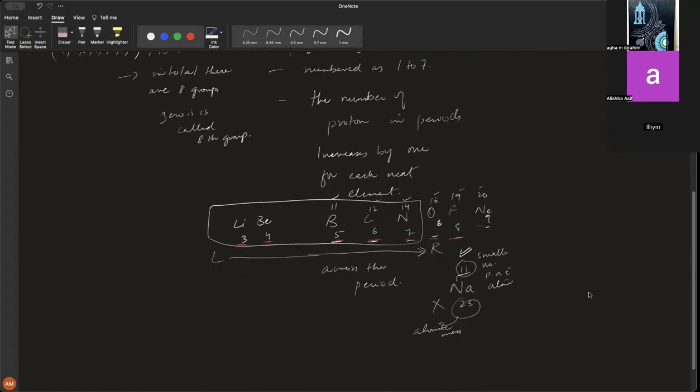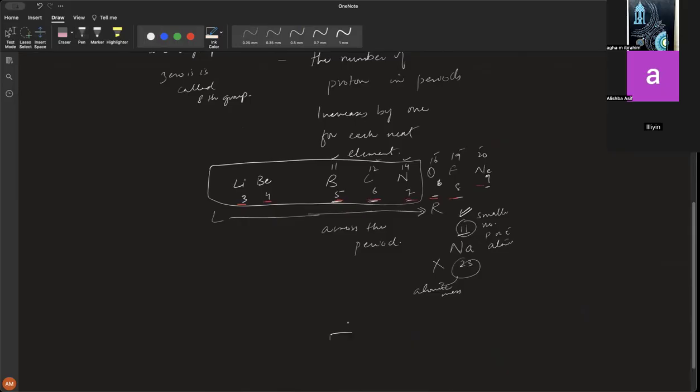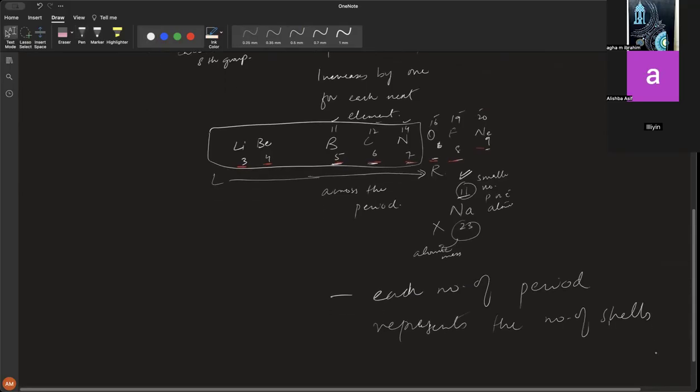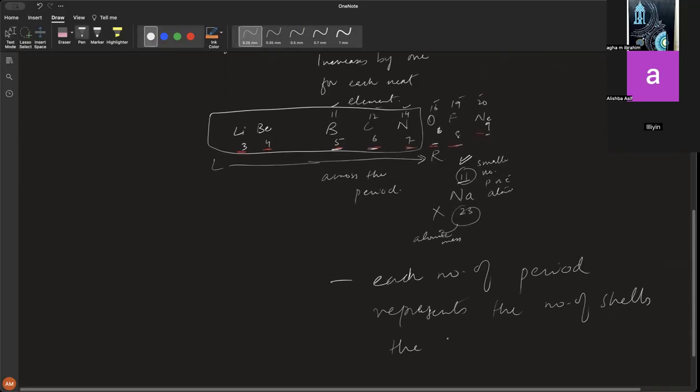So more in the periodic table, we have something more to know about in the periods. Each number of period represents the number of shells the atom of an element has.